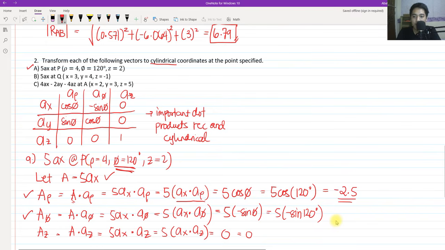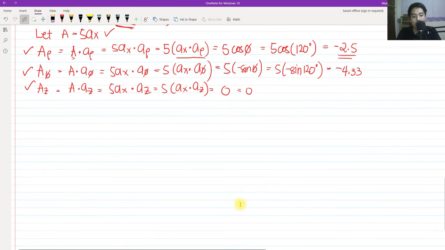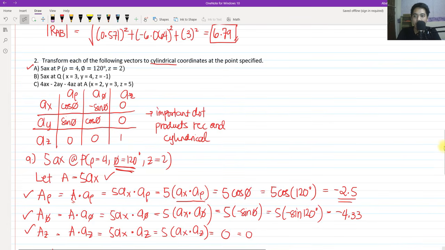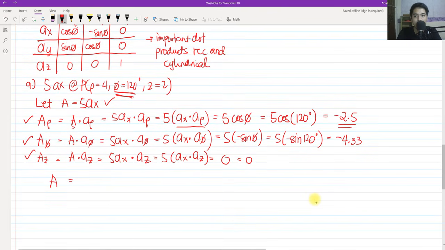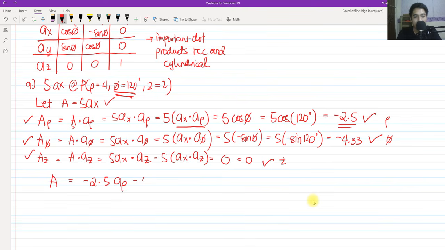Evaluating a sub phi, if you input it into a calculator, we have negative 4.33, and of course the a sub z component is 0. Hence, the vector A in terms of its components of rho, phi, and z is negative 2.5 a sub rho, minus 4.33 a sub phi.